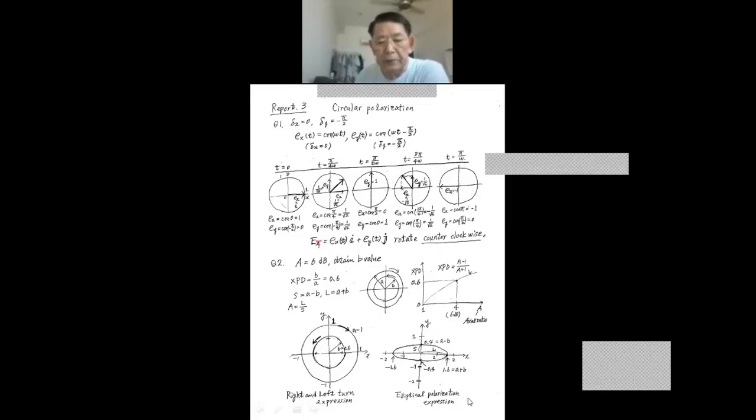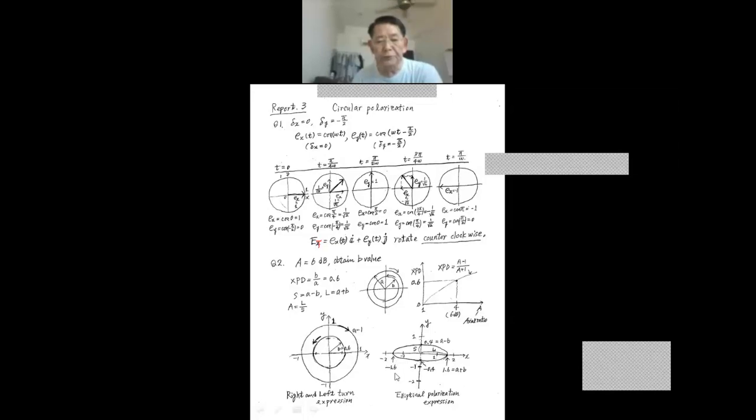Another expression is the elliptical expression, using the long axis, which is A plus B. That becomes 1.6. And the short axis is A minus B, which becomes 0.4. So the result becomes like this, spreading in the horizontal direction, an elliptical circle.